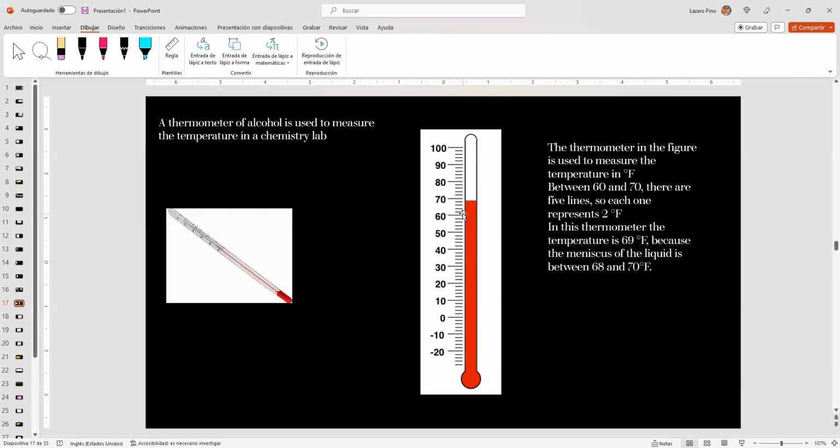Here you have 5 lines. Every line in this case represents 2 Fahrenheit degrees. So the level here is between 68 and 70. So I will estimate that the temperature is 69 Fahrenheit degrees.